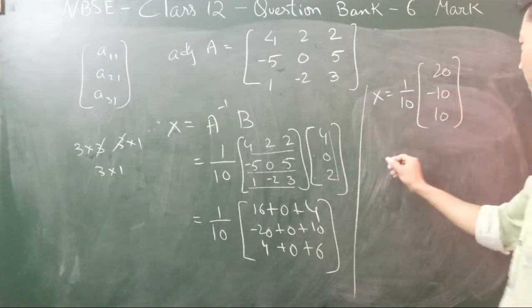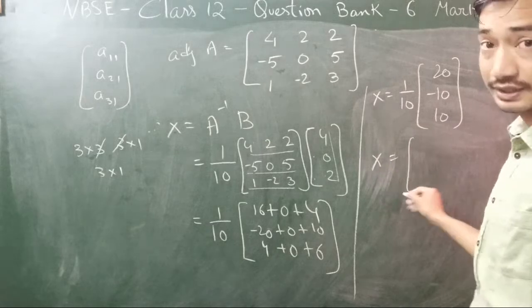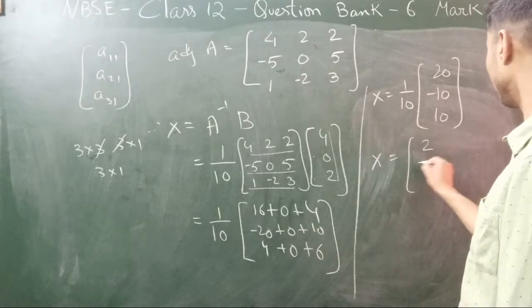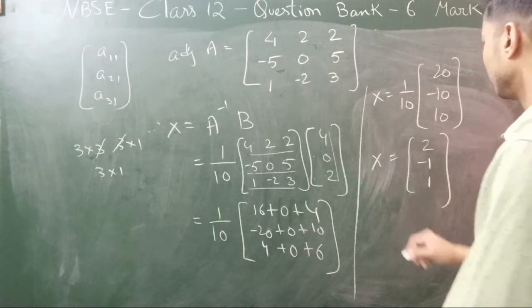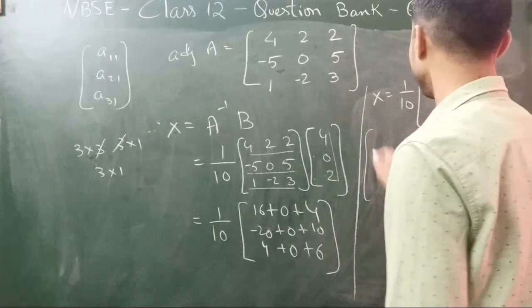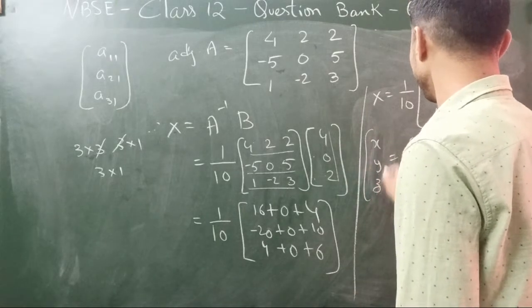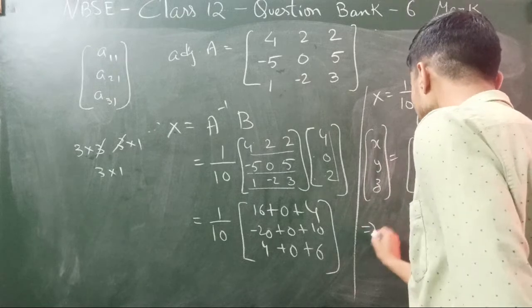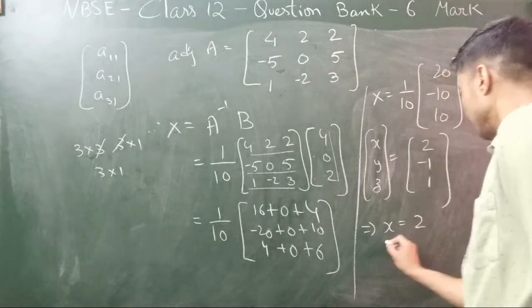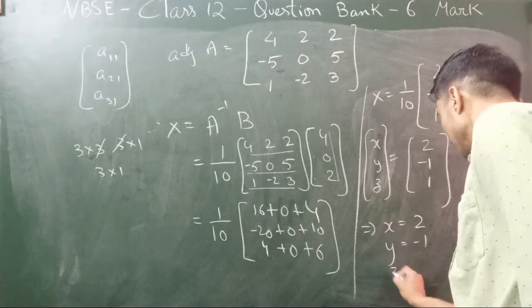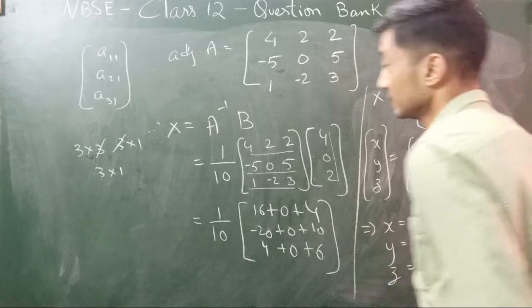Multiplying, we will have the value of x as 2, minus 1, 1. And what was the value of x for us? This was the matrix x, y, and z. So from equality of matrices, x equals 2, y equals minus 1, z equals 1.